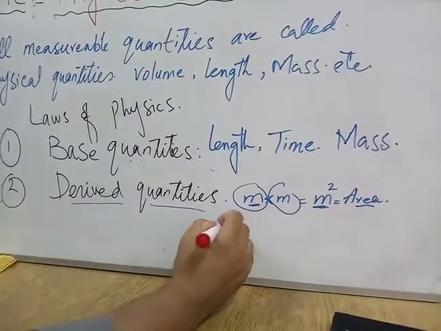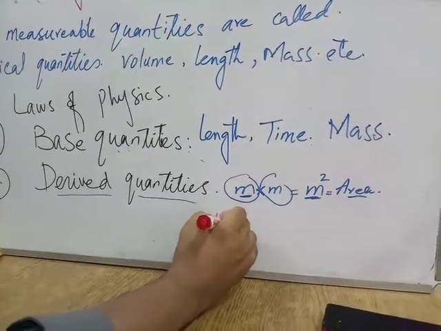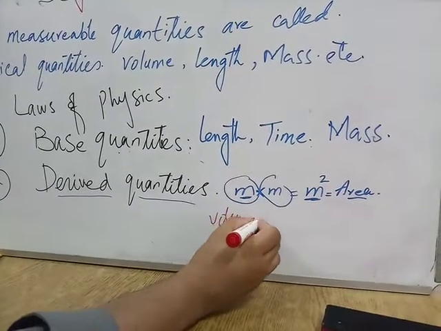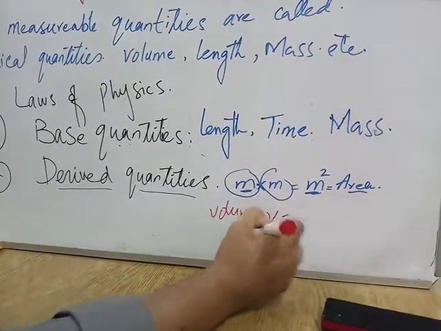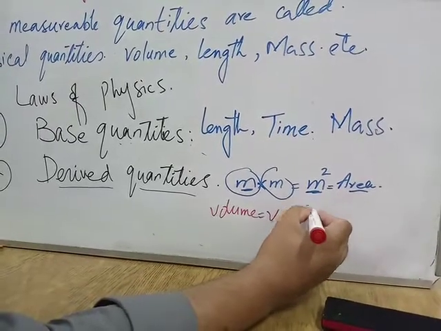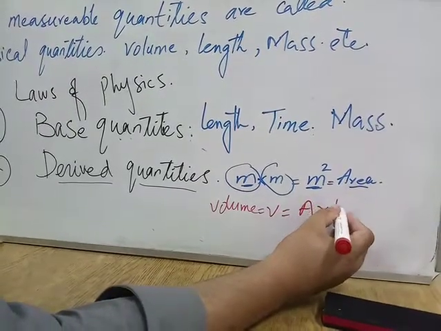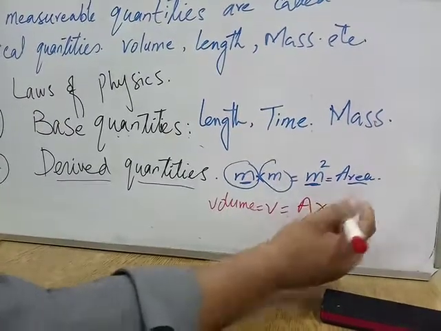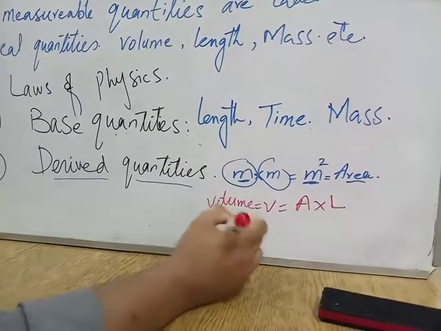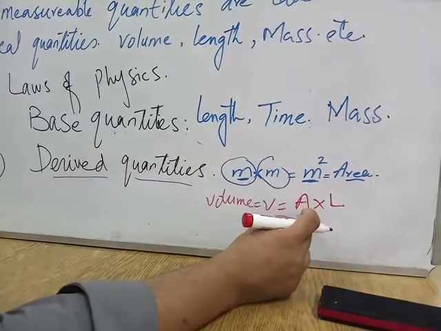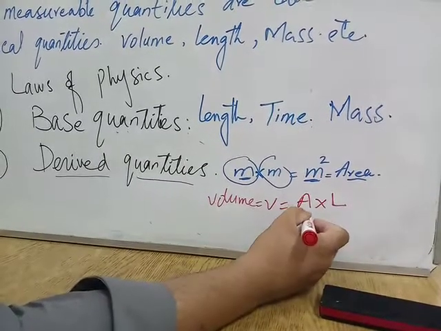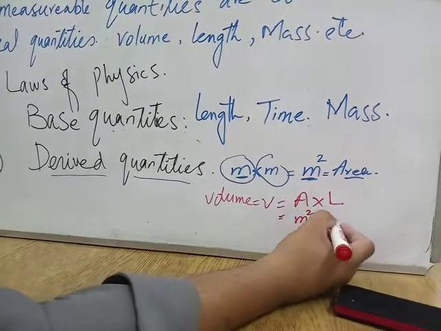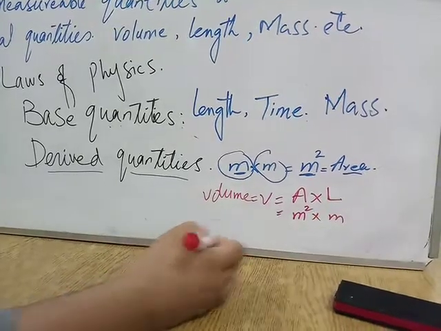Another example: volume V is equal to area into height. Here we use height for length. The unit of area is meter square, multiplied by the length, which is also a meter.